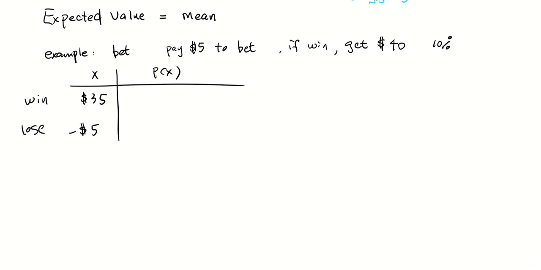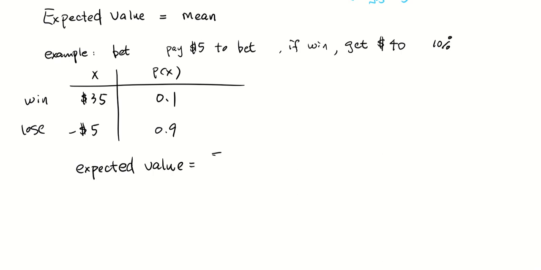P of x, when x is $35, is 10%, which is 0.1. And the probability of losing $5 is 0.9. Now, like I said, the expected value is equal to the mean of this probability distribution.